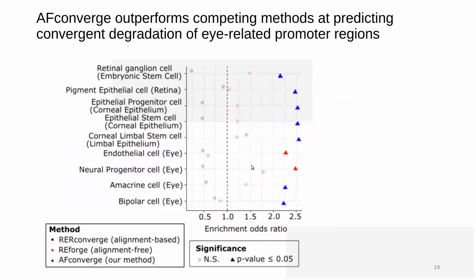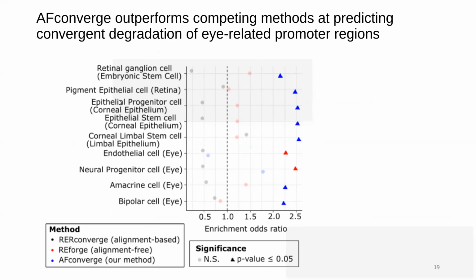We assess this relative to cell type markers that mark various cells in the eye. This shows the enrichment that we observe. Our method, AFconverge, is in blue.